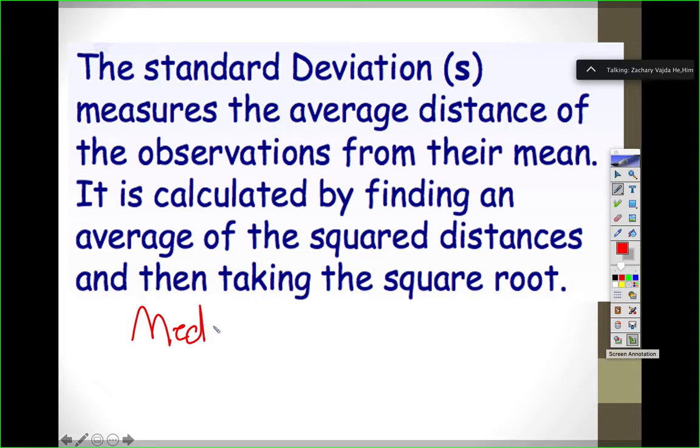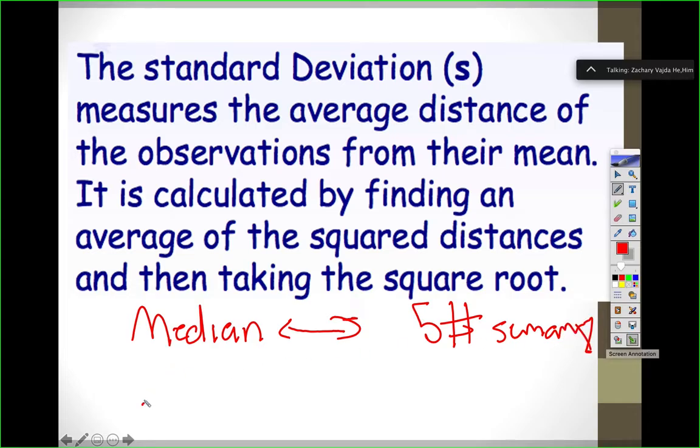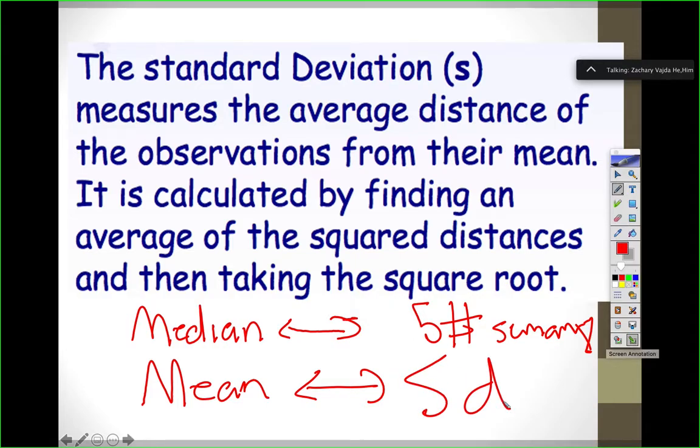The median, which is that center we talked about last time, goes with the 5-number summary. That's the spread. They never change. The mean will go with this standard deviation. Always. They're in joint pairs. Median and 5-number summary, always together. Mean and standard deviation, always together.